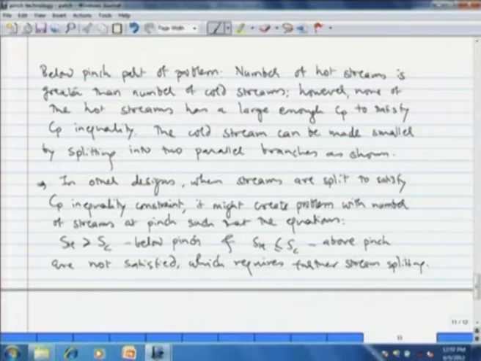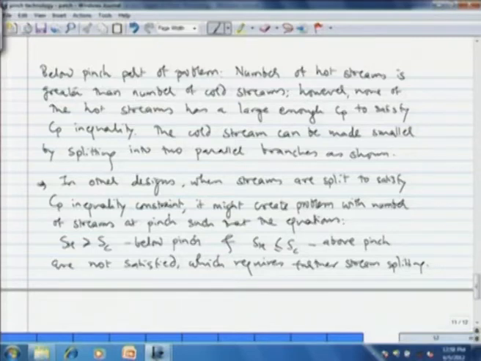In some other design problems where the streams are split to satisfy the Cp inequality constraint, it might create a problem with the number of streams at pinch such that the condition Sh greater or equal to Sc below pinch and Sh less than or equal to Sc above pinch is not satisfied, which may require further splitting of the streams.